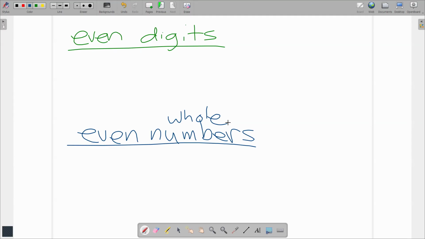Yeah, 1, because you count, like I go, how many people are in the room? 1, 2, 3, 4. So the first counting number is 1. Whole numbers include counting numbers plus 0. Okay. So even whole numbers is 0. 0 is a whole number. Is 0 even? What's it mean for a number to be even?